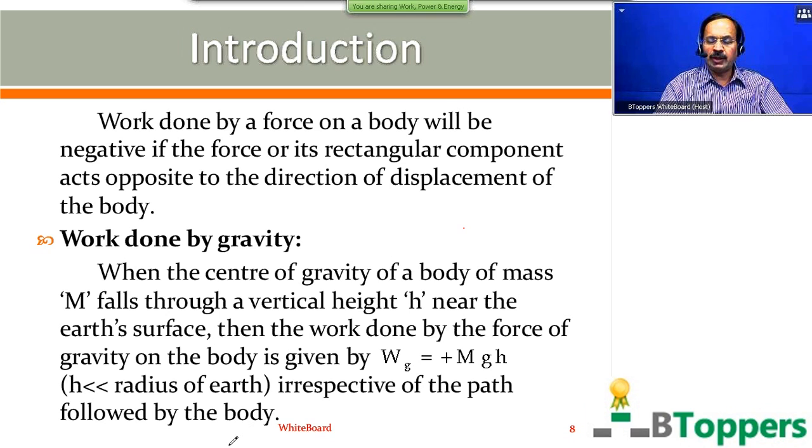That means irrespective of whether the body moves along a vertical path, inclined path, or any other curved path. Those who are writing the notes, please finish writing this point. In case you need more time to copy this, you can pause.